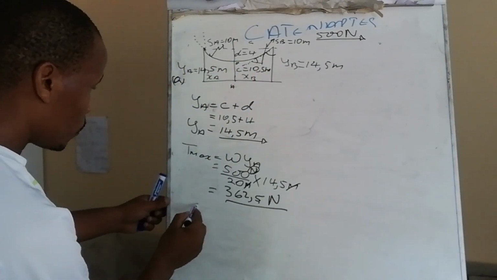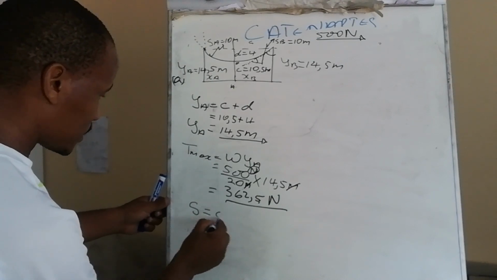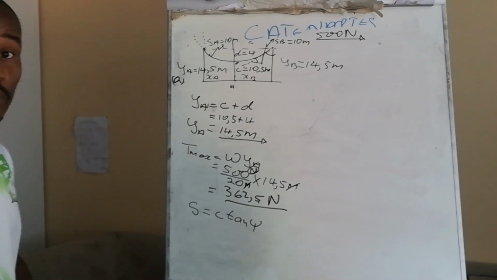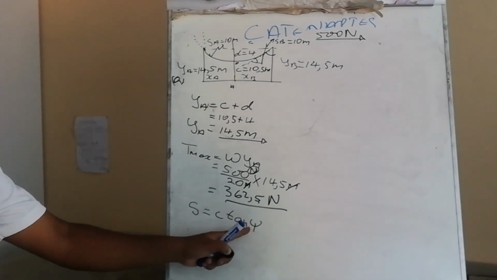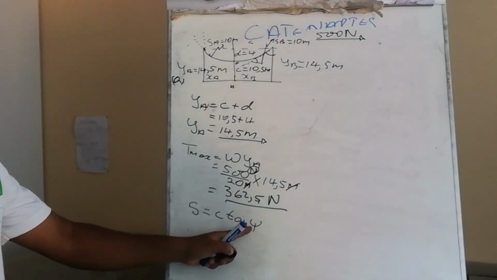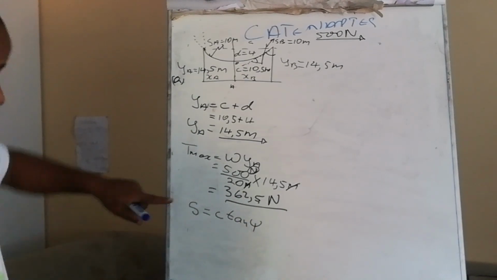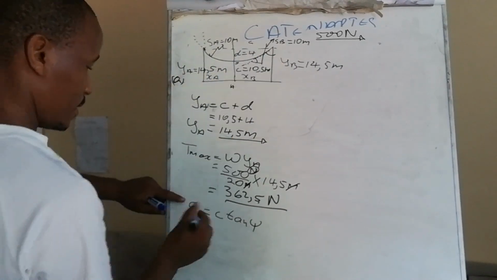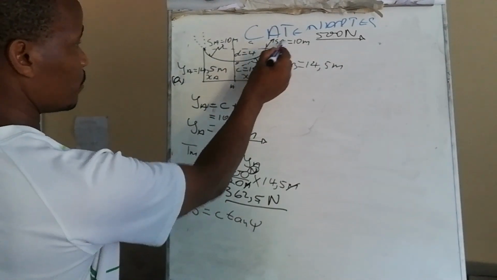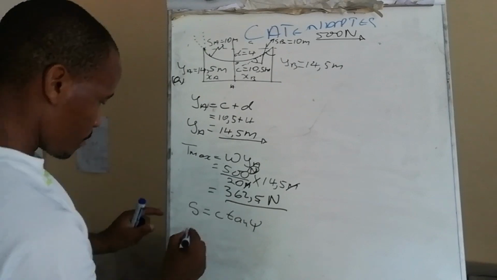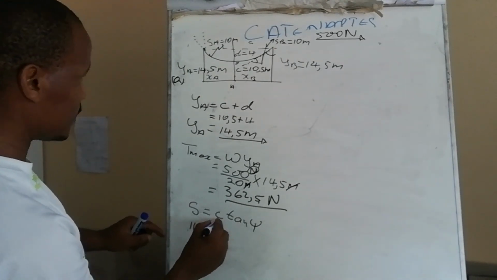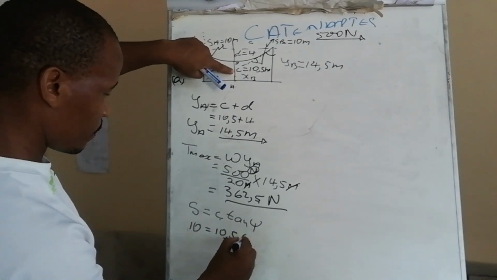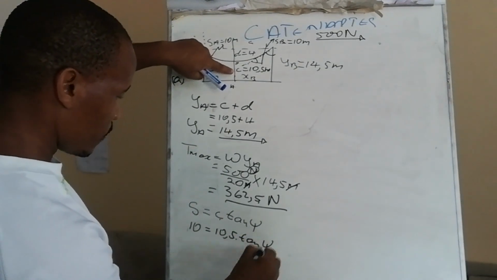S is equal to C tan of tau. So you just have to make tau the subject of the formula. S there is 10, SB. Here 10 is equal to C, and you calculated C as 10.5, multiplied by tan of tau.